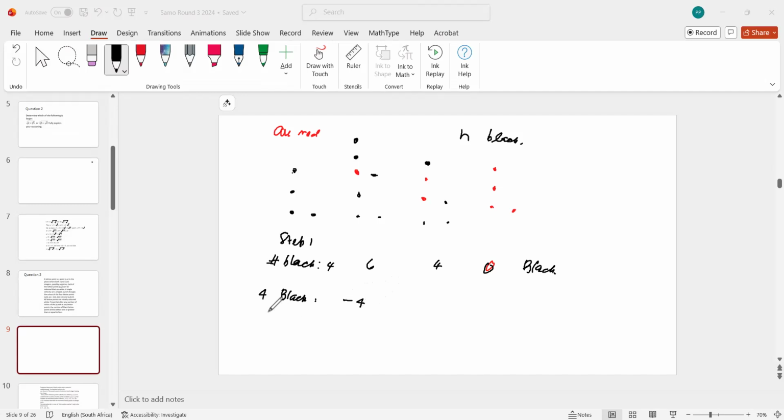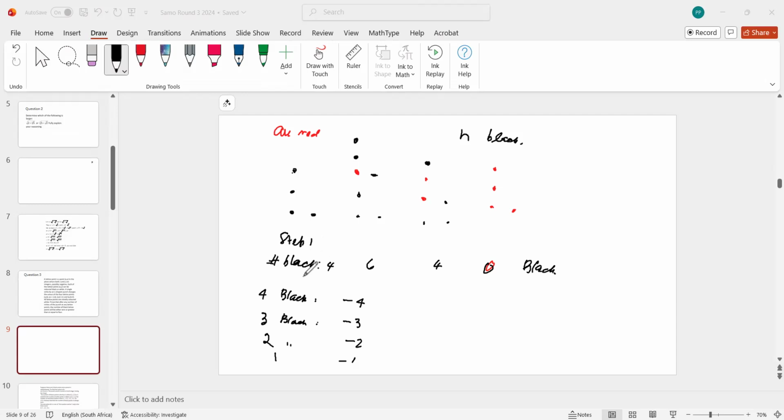Right? If you have 3 blacks, then when you cover this thing up, those 3 blacks become red. So the number is reduced by 3. 2 blacks, the number is reduced by 2. 1 black, the number is reduced by 1, and so on.